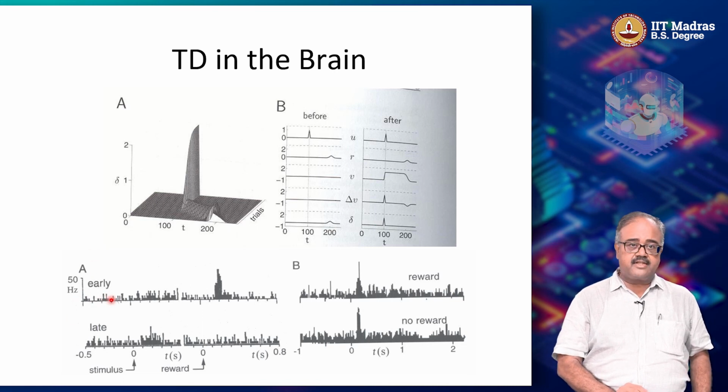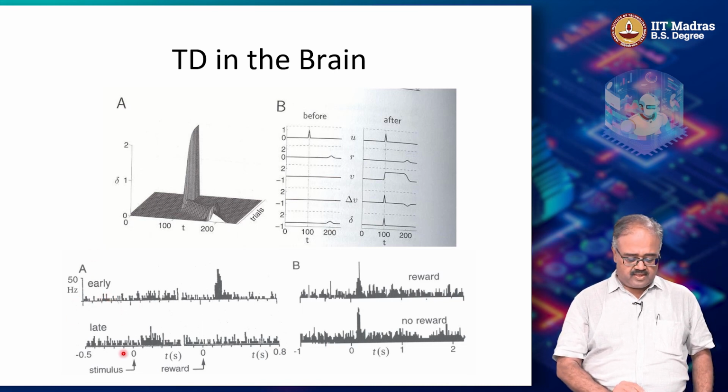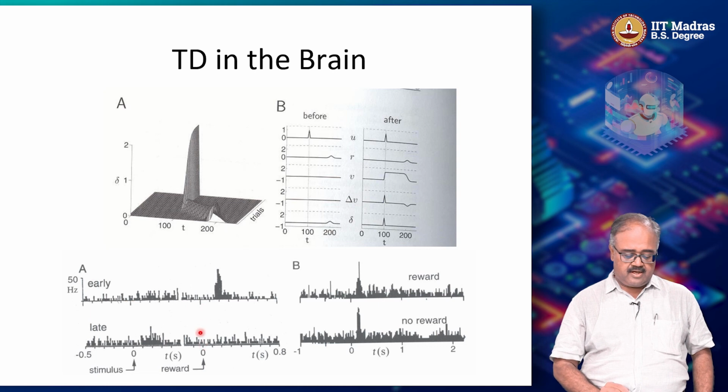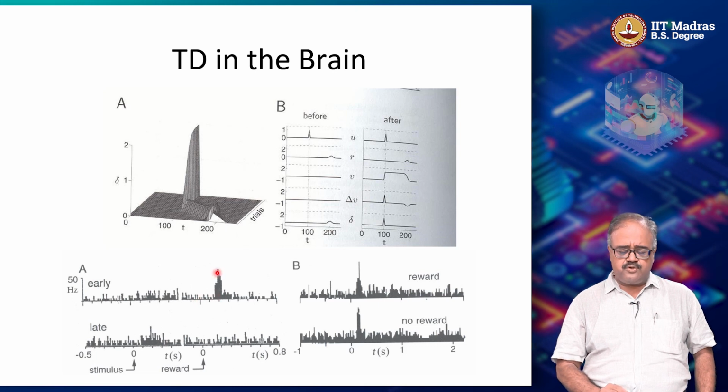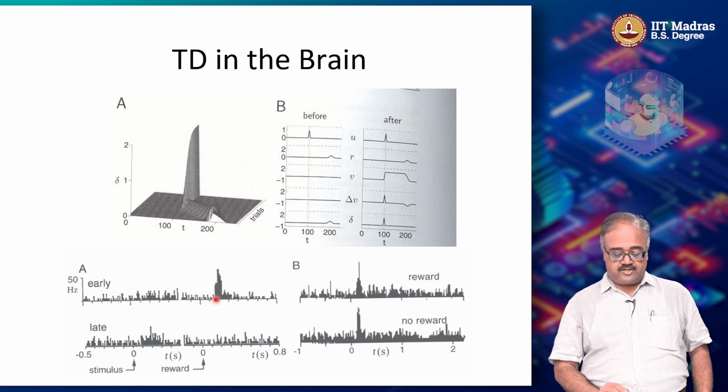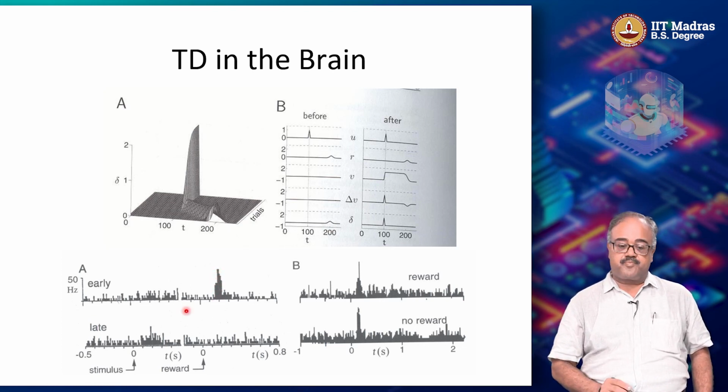The light comes on at time 0, and then the reward, the juice, is received at this time instant, right. Then you can see this huge spike in the dopamine activity because the monkey suddenly realizes, wow, I got a reward. So that is a huge spike in the dopamine activity, right.